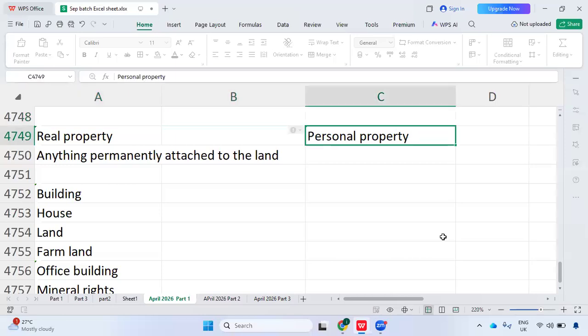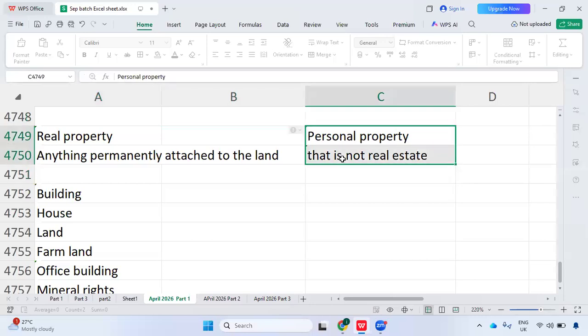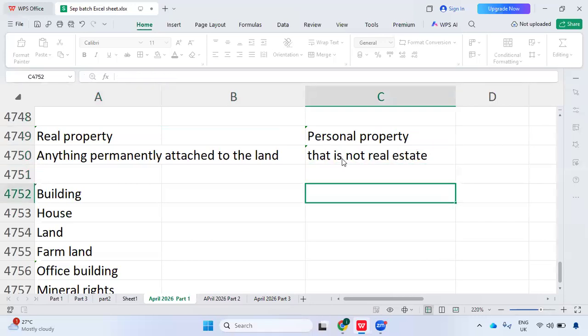What about personal property? Personal property is anything other than real property. Everything that is not real estate or real property comes under personal property. Let's say there is a car; a car comes under personal property.